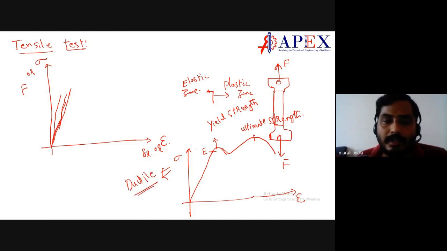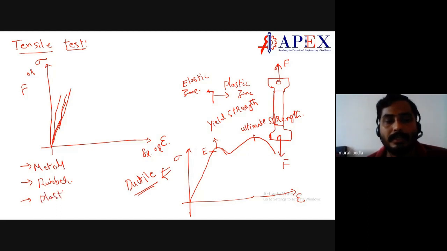Even though there are many kinds of materials which we need to design in the real world, from our subject point of view here we are going to only design metals. But in reality, you need to deal with metals, rubber, plastics, composites, so many things.